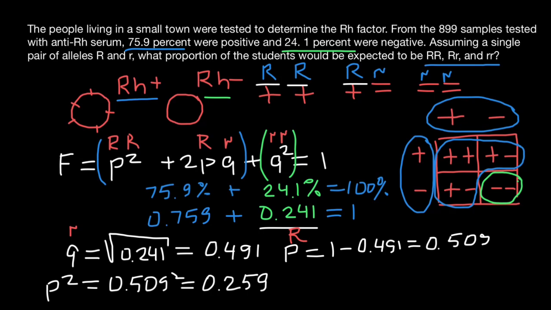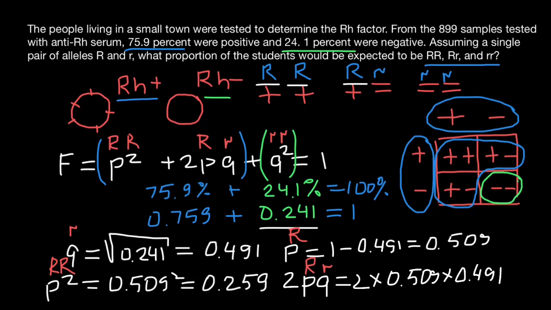According to our formula, 2pq equals the heterozygous genotype, capital R and small r. We multiply 2 by the frequency of the dominant allele, 0.509, and by the frequency of the recessive allele, 0.491, and the frequency is 0.500.